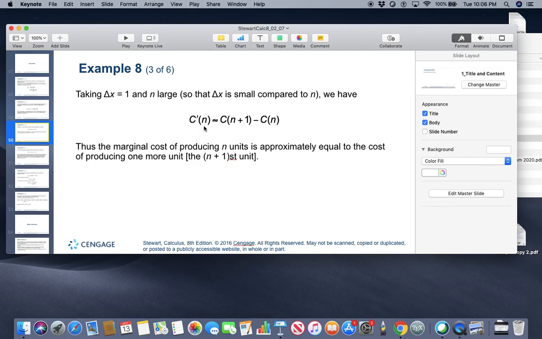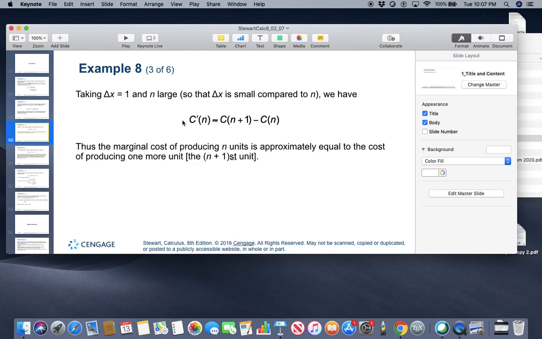What that means is, suppose you're manufacturing chairs. When you have produced, say, 5,000 chairs, one more chair, so if Δx is 1, you're looking at the 5,001st chair. When the number of chairs is so large, one more is not that much.